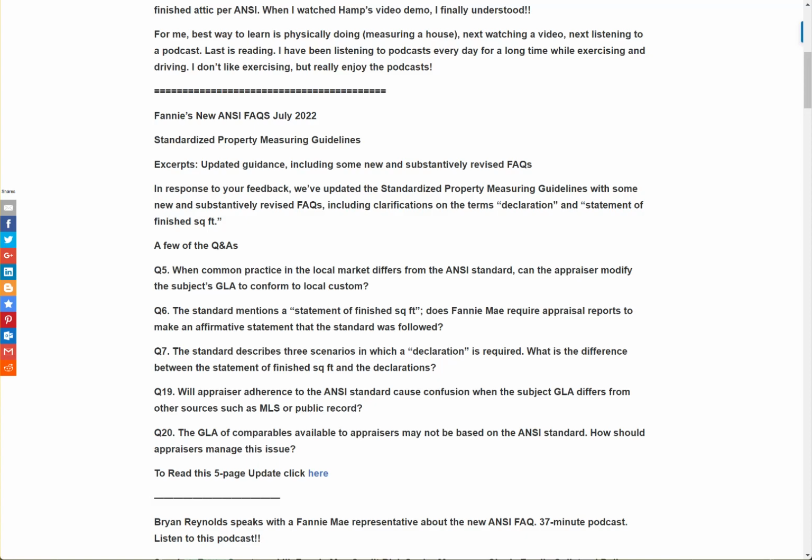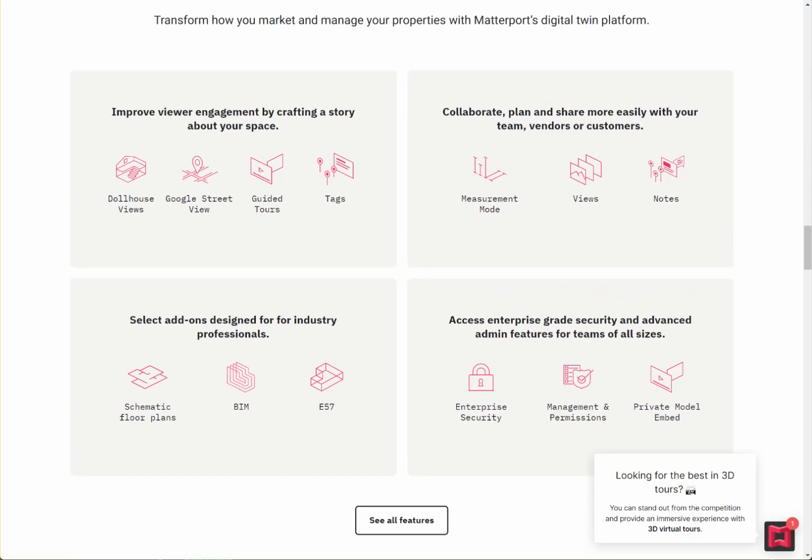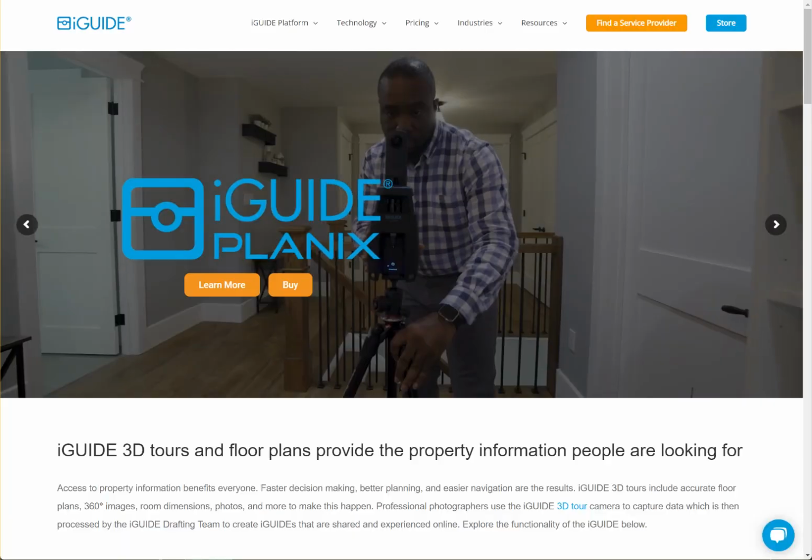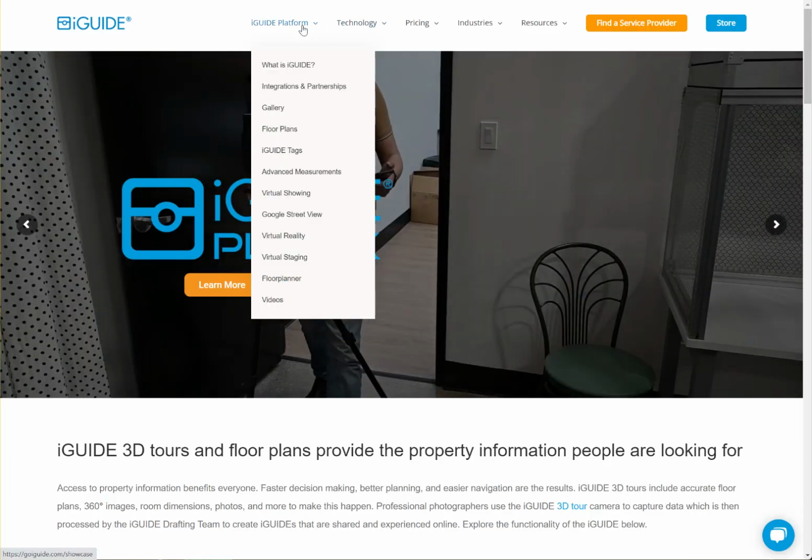It would be nice if Matterport committed themselves to saying that they are ANSI compliant. iGuide, for example, is another 3D tour platform, and iGuide is ANSI compliant. I'm not sure if it says it on their website.